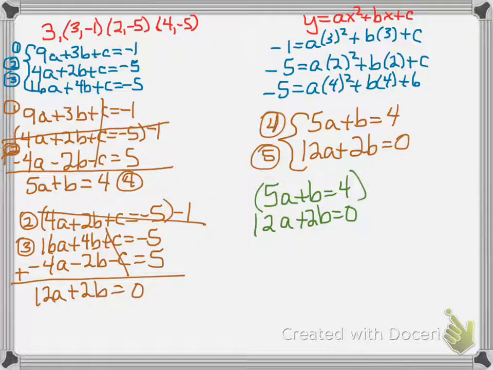Okay, I want to multiply the first one by -2 to get the -2b that I need to cancel out my b's. Okay, that gives me -2 times 5 is -10a, and then -2 times b is -2b, and 4 times -2 is -8.